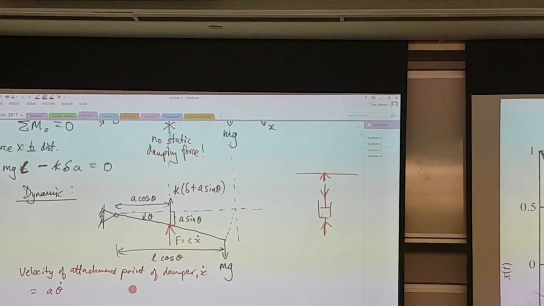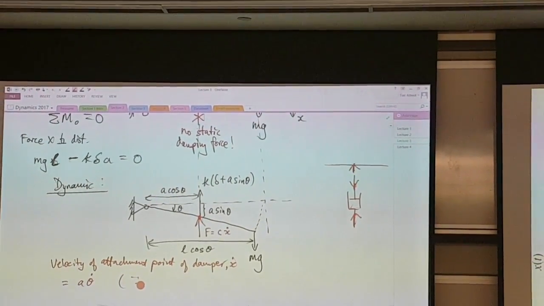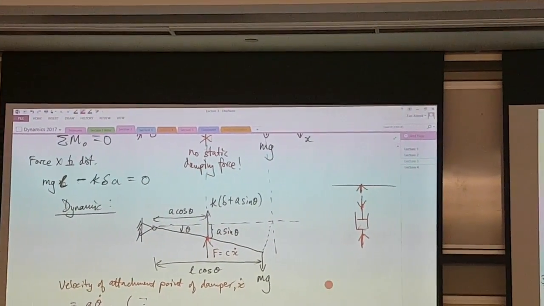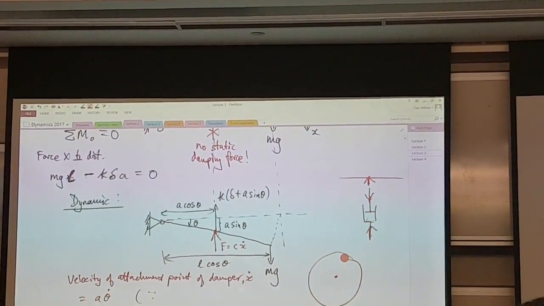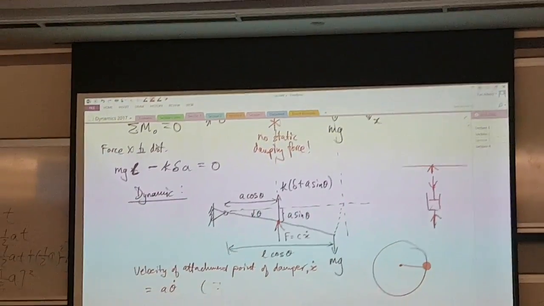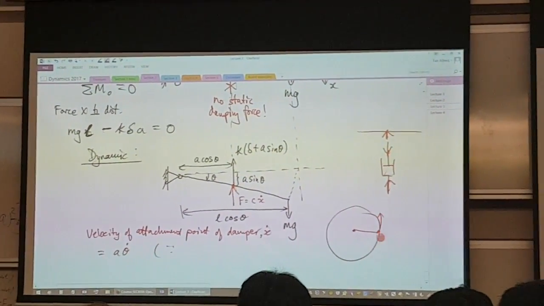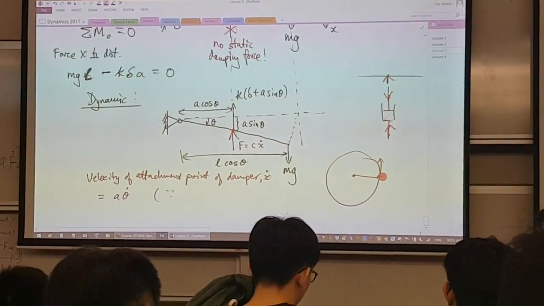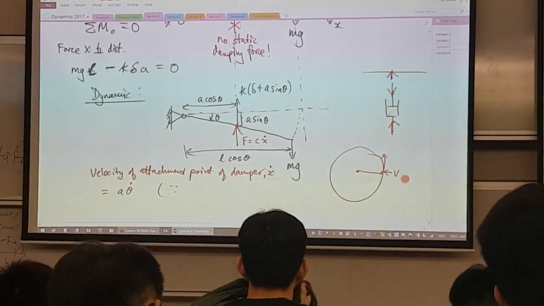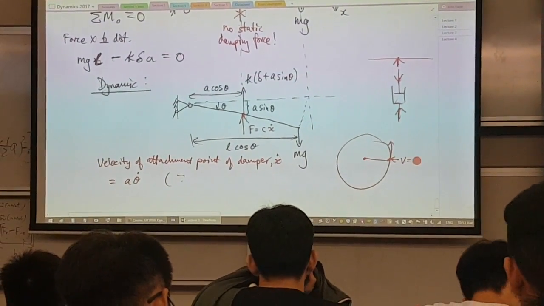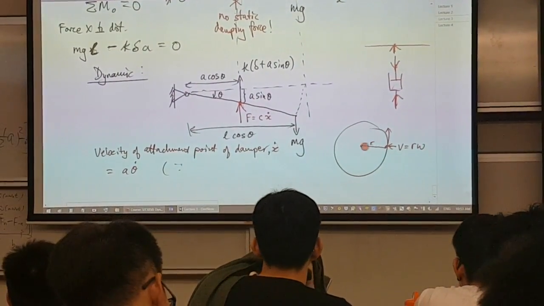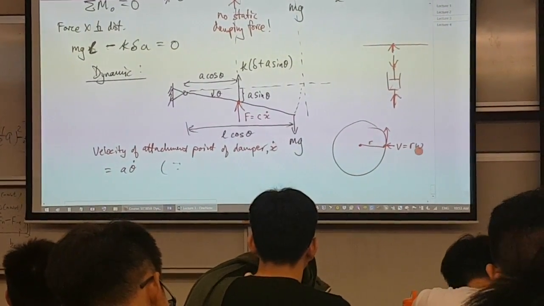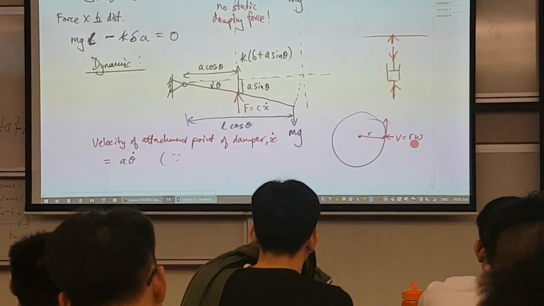How do I get that one? That's because in a rotary motion, this is the center of a circle. If you have a rotary motion, for the point that's rotating, the velocity of this point is actually equal to r omega, where r is this radius, and omega is your angular velocity.